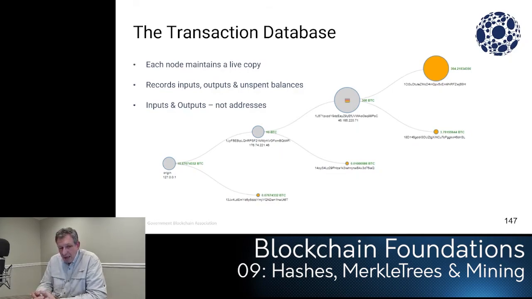And what the transaction database does, it technically doesn't use the term addresses. Technically, it uses the term inputs and outputs. But I'm going to use addresses just to keep it simple. The way it works is, and again, I'm going to call it address, technically that's not correct, but hopefully it makes sense.